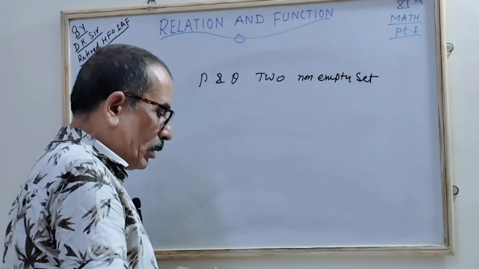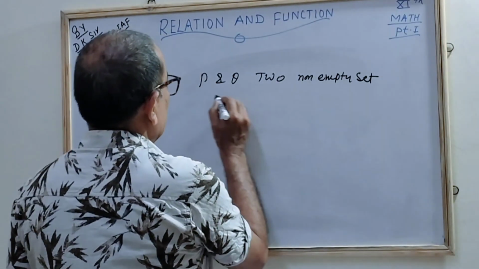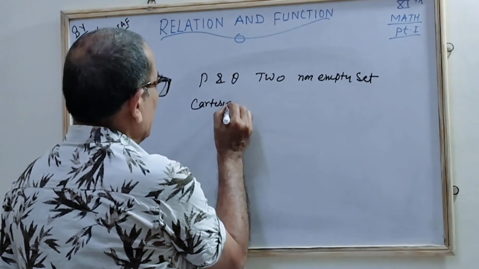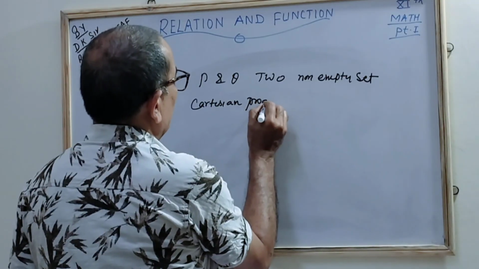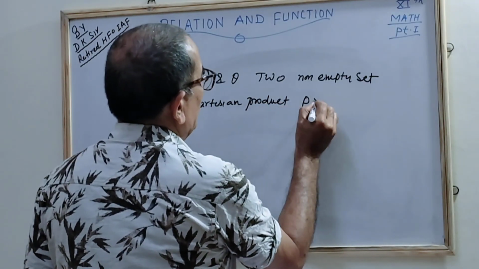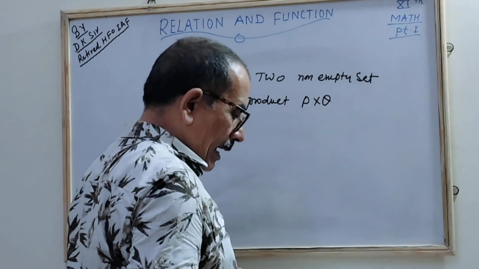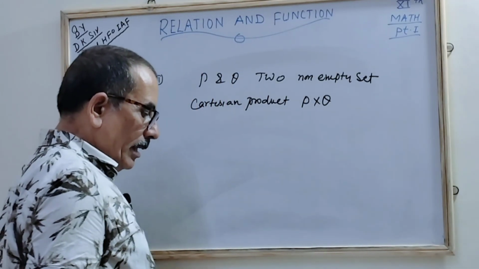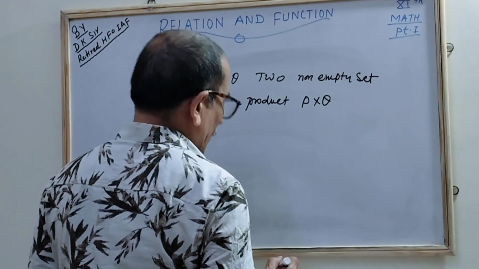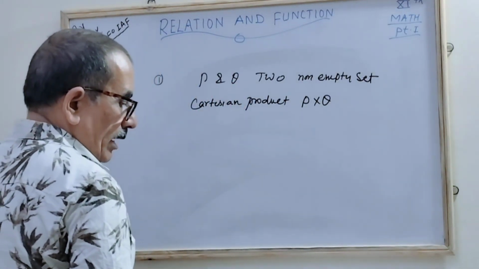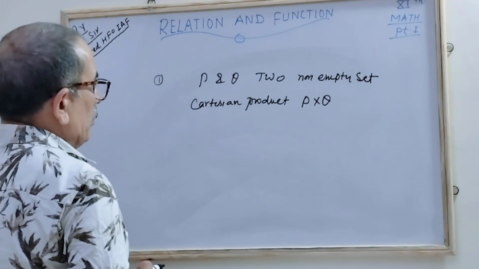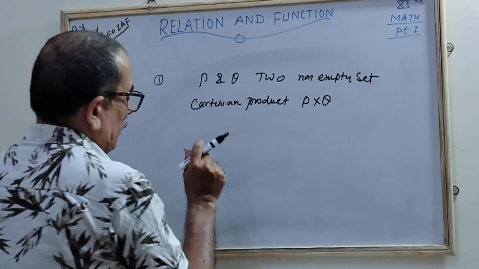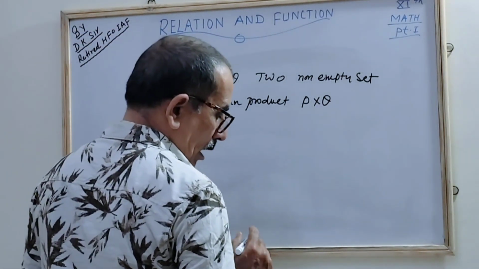The Cartesian product, as you know, the Cartesian product क्या होगा? What will the Cartesian product be? It will be P into Q, correct? The P and Q will be the Cartesian product, correct? So it will have many ordered pairs of elements from P and Q. From P and Q, there will be a lot of ordered pairs. How can we write it?